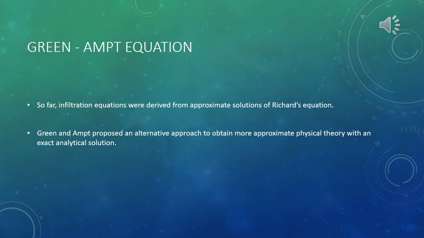So far, the infiltration equations were derived from approximate solutions of the Richards equation, but for the Green-Ampt equation, Green and Ampt proposed an alternative approach to obtain a more approximate physical theory with an exact analytical solution. So we obtain a more exact solution using an analytical method.